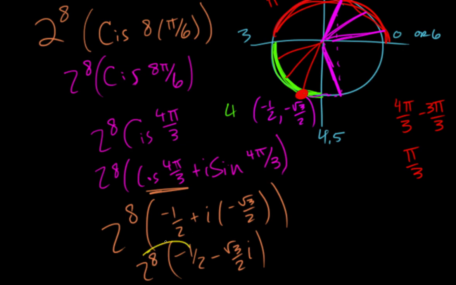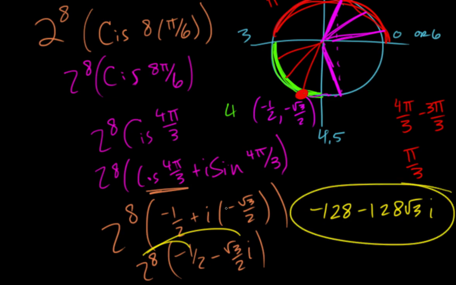Okay, distribute this, and if we use a calculator, we'll get negative 128 minus 128 square root of 3 i. And that's going to be our answer for that one.